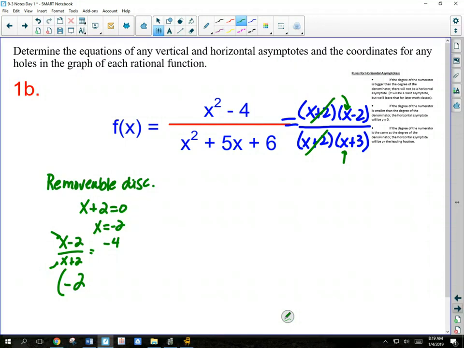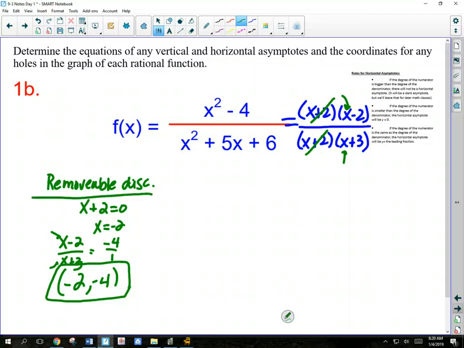Negative 2 plus, this should have been a 3, sorry. And then negative 2 plus 3 is 1, okay? So I would get negative 4 over 1, which is just negative 4. So I have a hole, or I have removable discontinuity at the point negative 2, negative 4. So that's what happens.